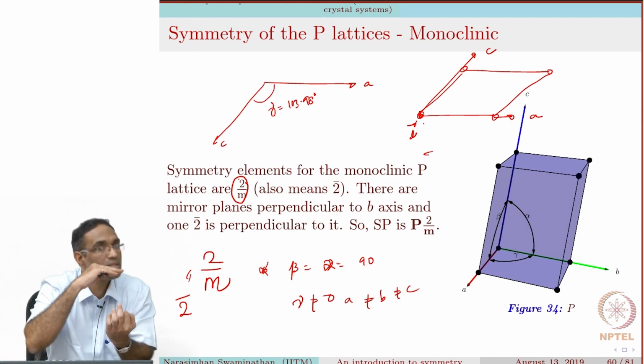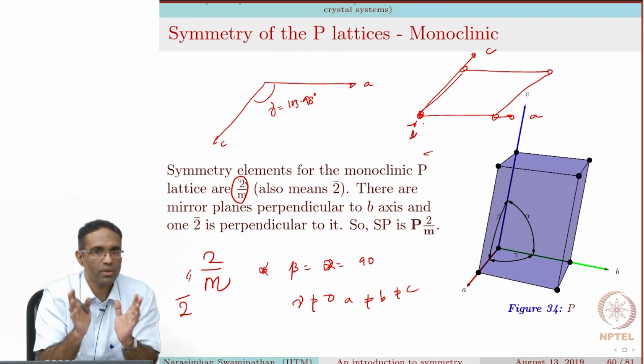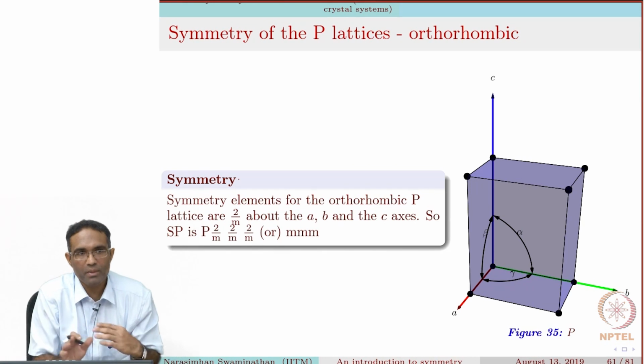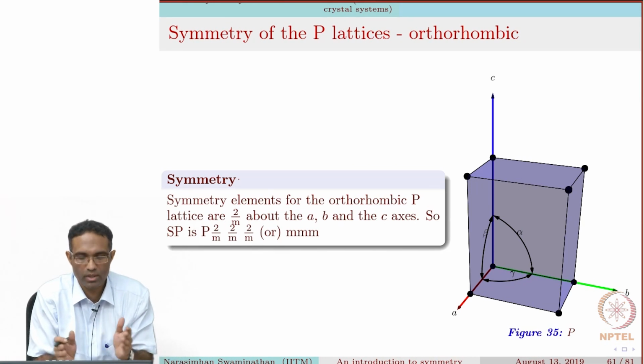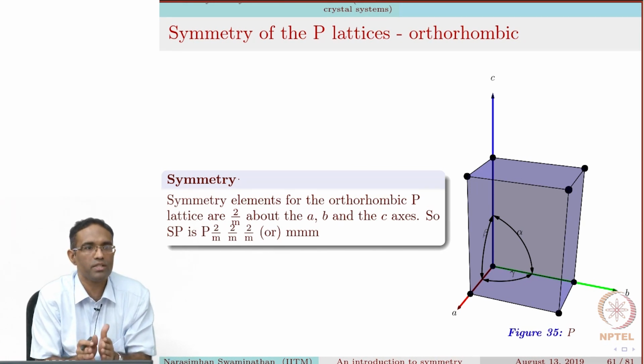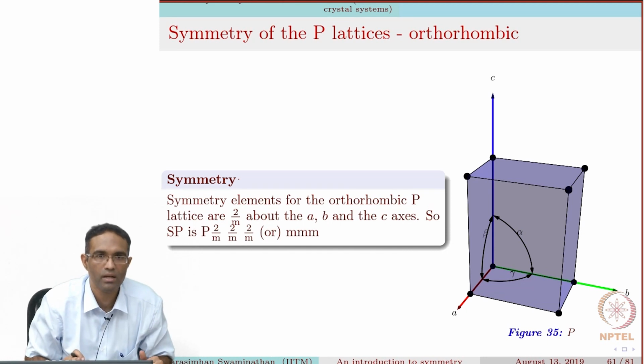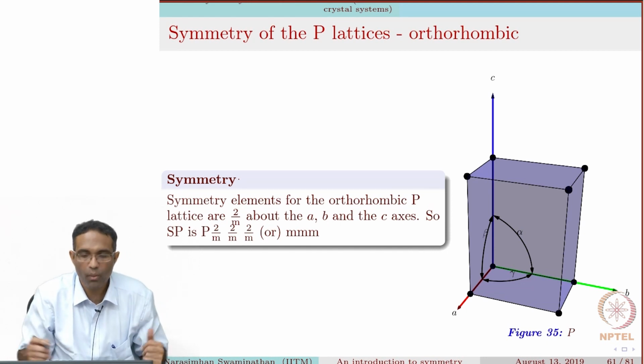It is not associated with the same axis. Okay. Now, while this might seem a little bit confusing, you will very quickly start recognizing the kind of unit cell the second you see the Hermann-Mauguin symbol, just like we did for the plane unit cells. Now, what happens in orthorhombic?